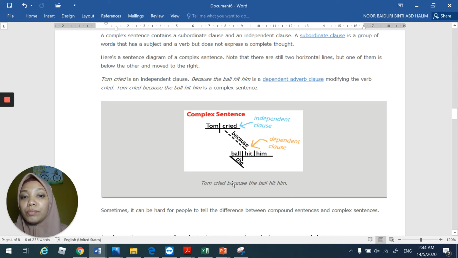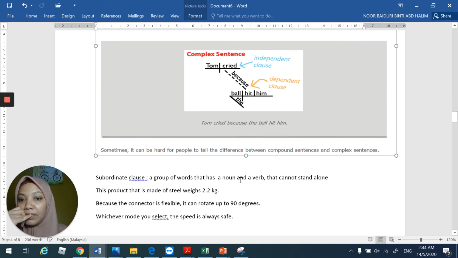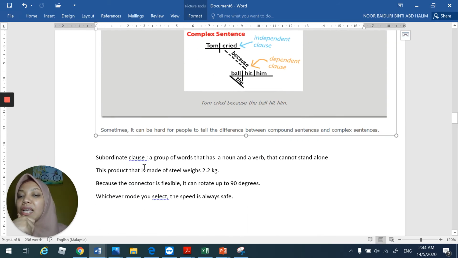Okay. This part is what we call dependent clause. Because dependent clause, it cannot stand alone. It has to be linked to an independent clause. In this case, "Tom cried". "Tom cried" is independent because it delivers a complete meaning already. Alright? Okay, more example.